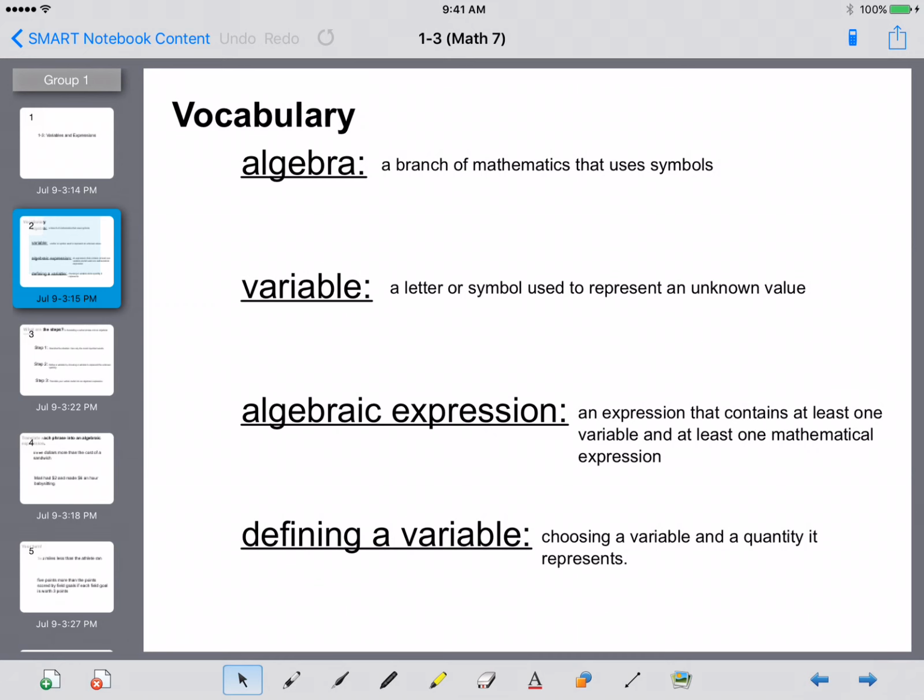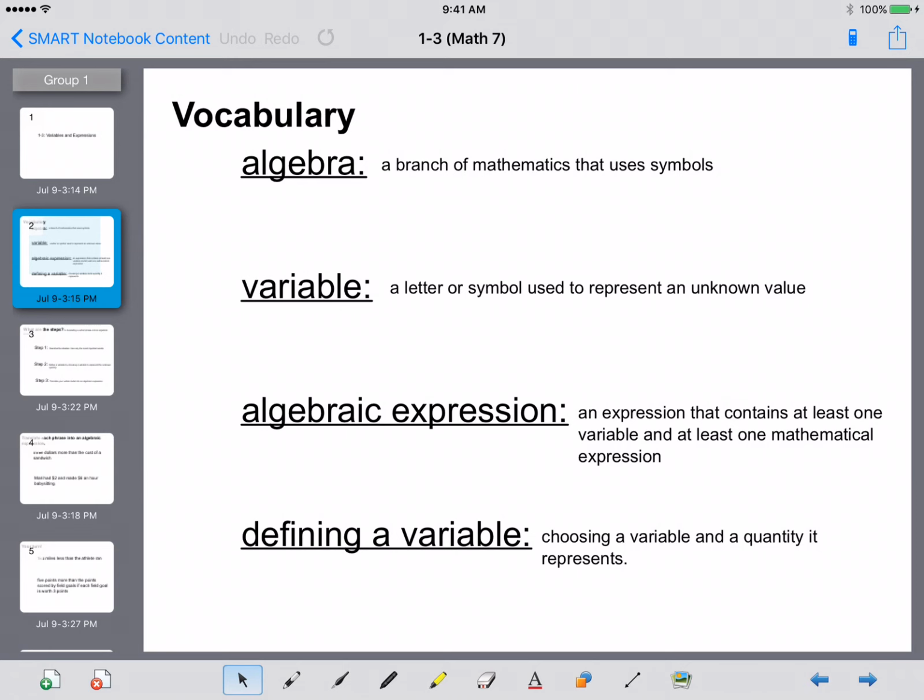The first one being algebra, which is a branch of mathematics that uses symbols, like our letters that you're looking for. A variable is that letter or symbol used to represent an unknown value. An algebraic expression is an expression that contains at least one variable and at least one mathematical operation.